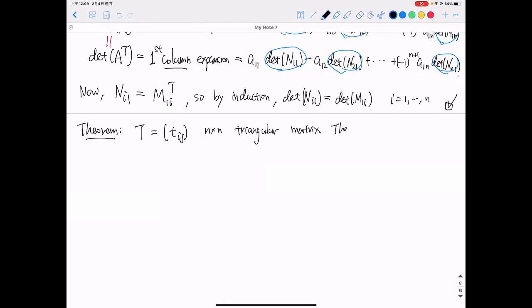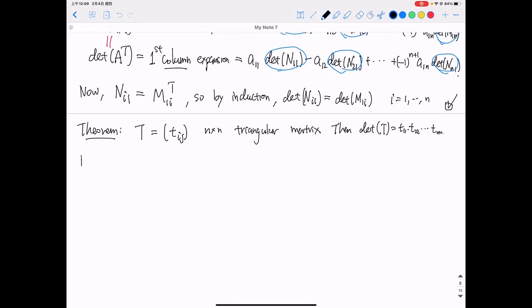Then the statement of the theorem is that the determinant of T is the product of the entries on the diagonal, T11, T22, down to Tnn.